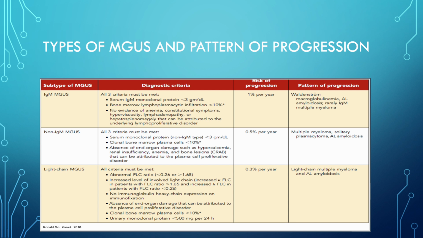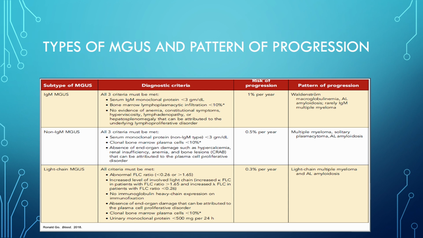Then we have light chain MGAS, where, again, these criteria need to be met, which includes the FLC ratio needs to be less than 0.26 or more than 1.65. Then we have increased levels of involved light chain, that is increased kappa free light chain in patients with FLC ratio more than 1.65, and increased lambda FLC in patients with FLC ratio less than 0.26. Then there has to be no immunoglobulin heavy chain expression.